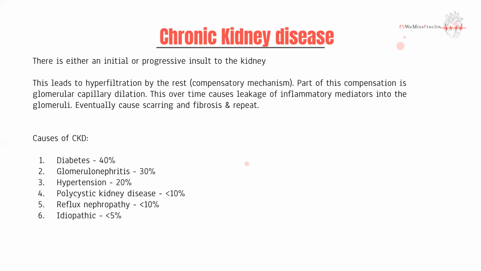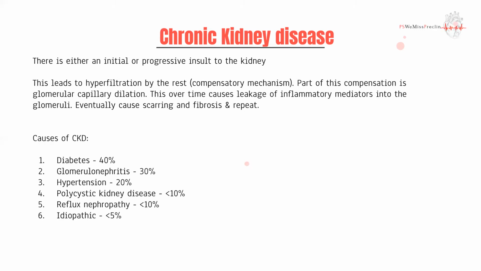Now, this would not have happened earlier because under normal circumstances, those pores are small enough to prevent all those inflammatory mediators from leaking through, but that does not happen in this case. Over time, those inflammatory mediators cause further inflammation and damage, and you end up with scarring and fibrosis, and then that repeats because, again, you scar more tissue, the rest goes into overdrive yet again, and the same thing keeps happening.